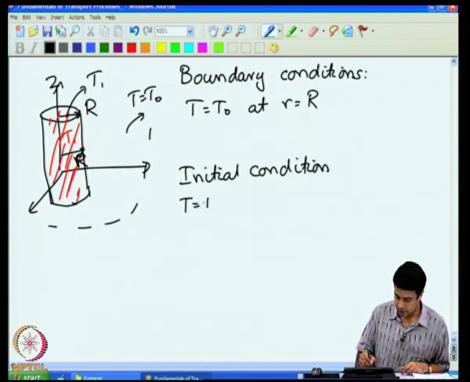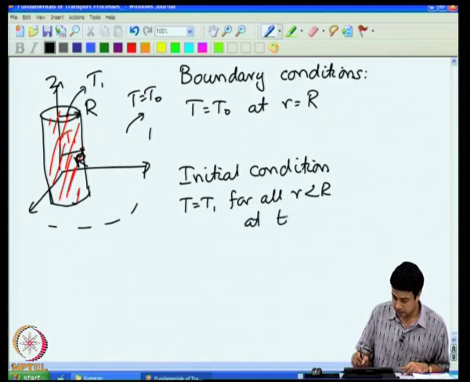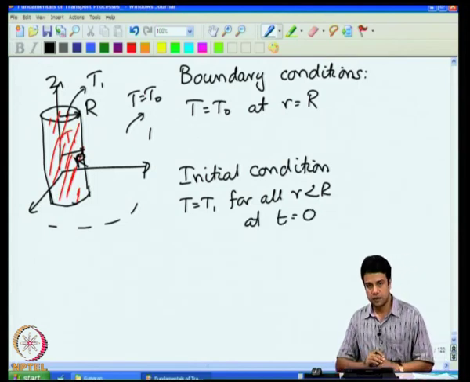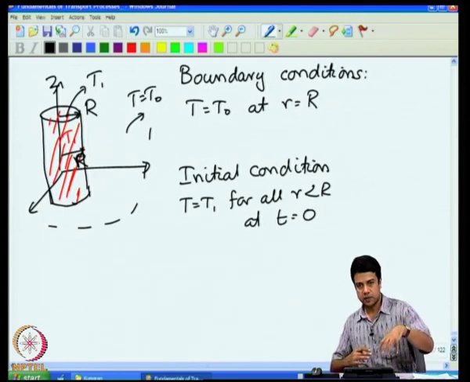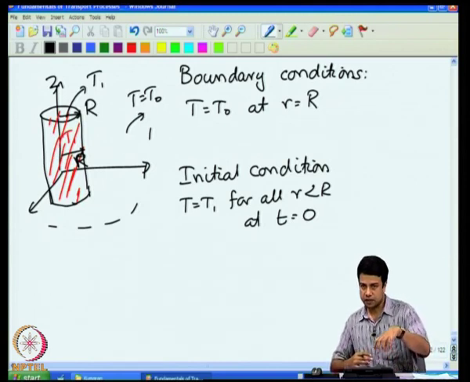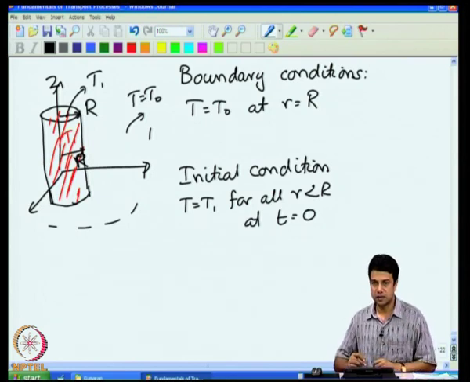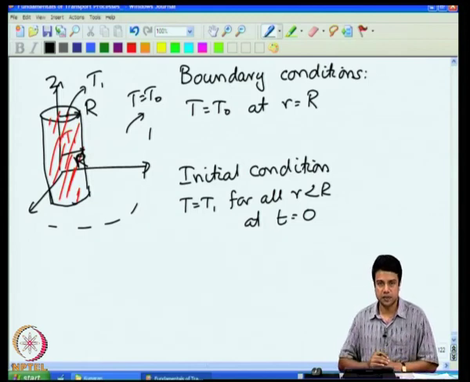T is equal to T1 for all r less than R at t is equal to 0. What this says is that the moment I have immersed the cylinder, the temperature everywhere within the cylinder is still equal to T1, which was the initial temperature. Only the surface has come into contact with this bath, whose temperature is at T naught.